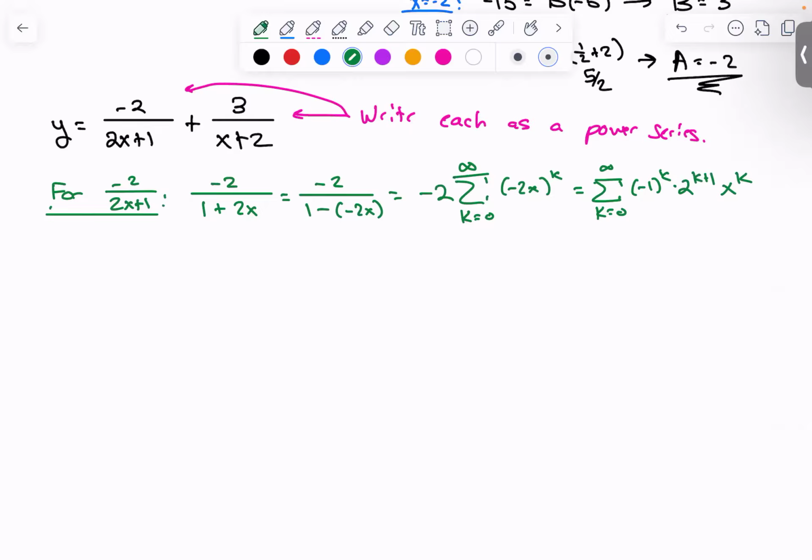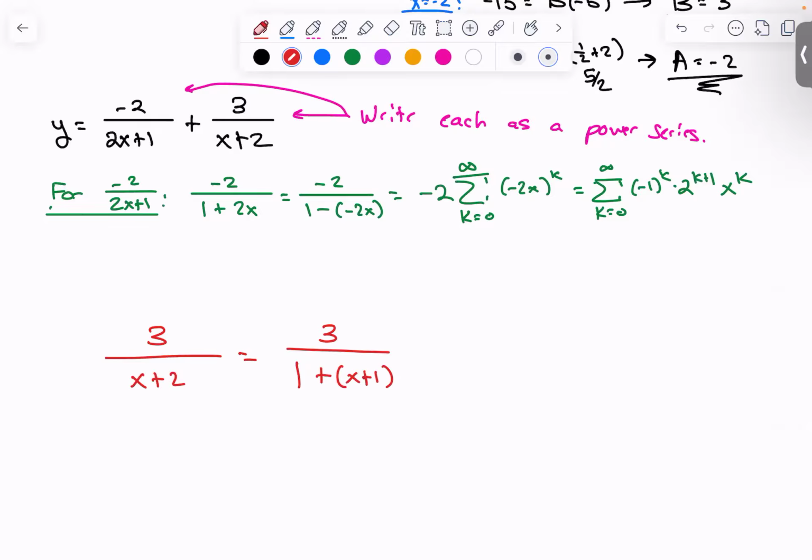I want to make sure that when I write the power series of that one, I also write it with a center of 0. Think about why that would be the case. Just to show you what the problem is, there is a clever thing you could do. You could rewrite this x plus 2 as 3 over 1 plus (x plus 1).